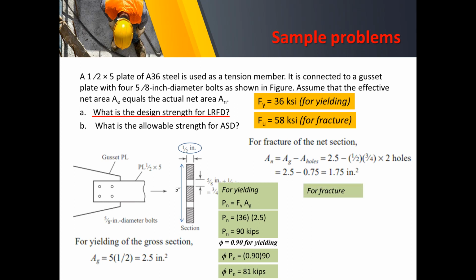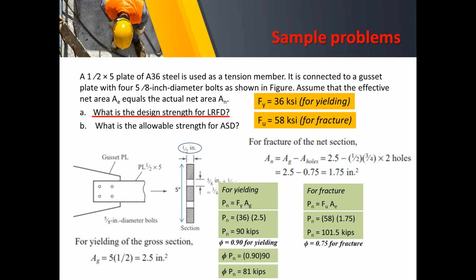Now for fracture, we have P_n equal to F_u times A_e. It mentioned that A_e will be equal to A_n. Hence, we just multiply our F_u of 58 by the effective area, 1.75. That would yield 101.5 kips.